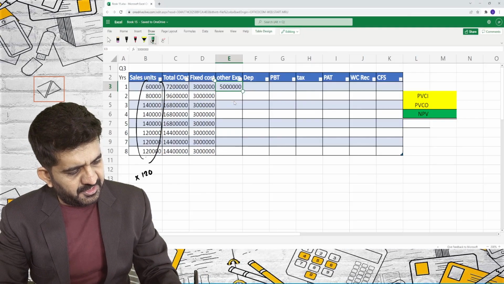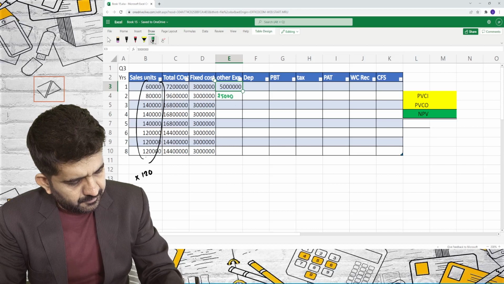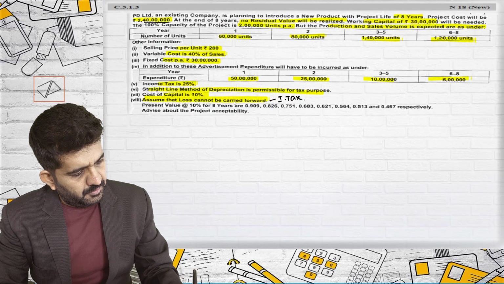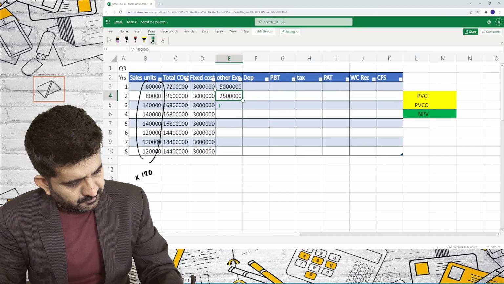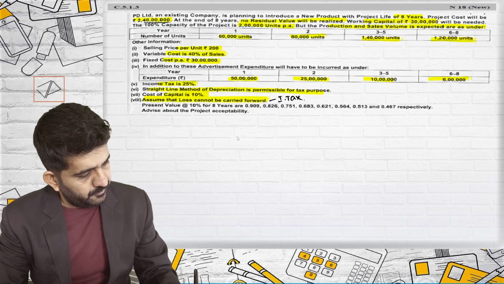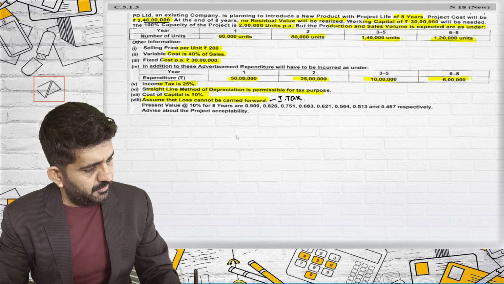Second year other expenditure is 25 lakhs. Years 3 to 5 it is 10 lakhs. And years 6 to 8 it is again 5 lakhs.